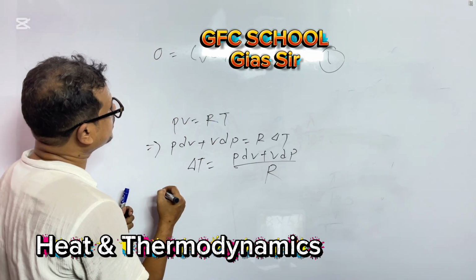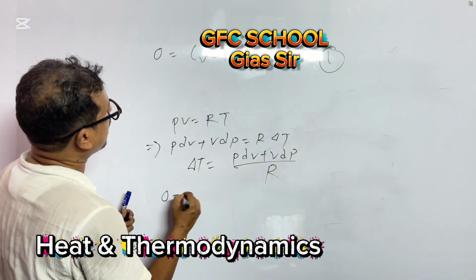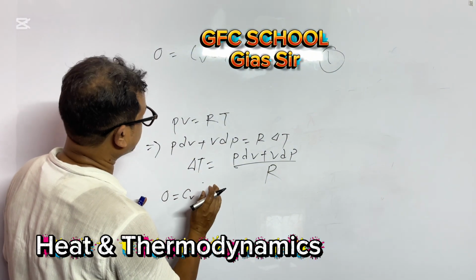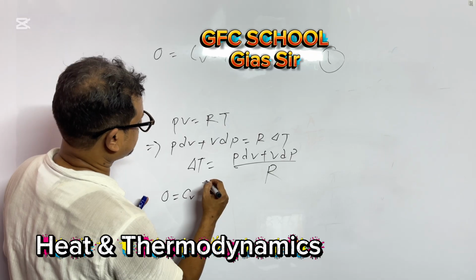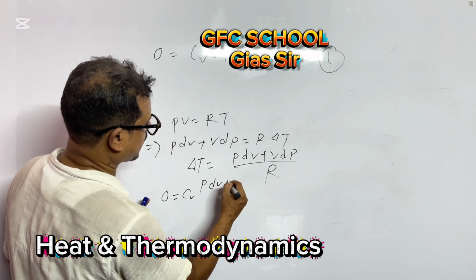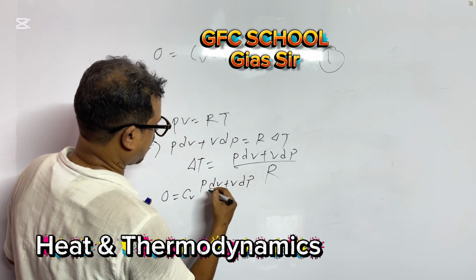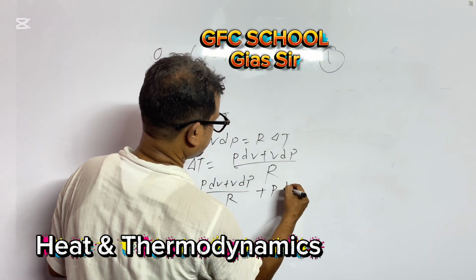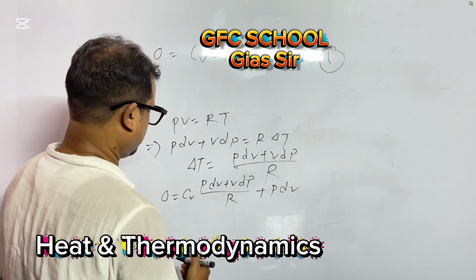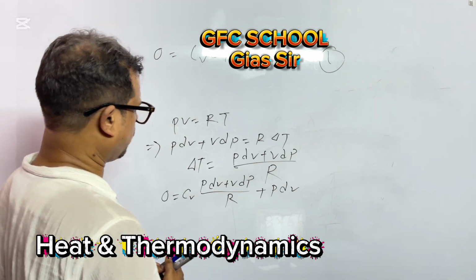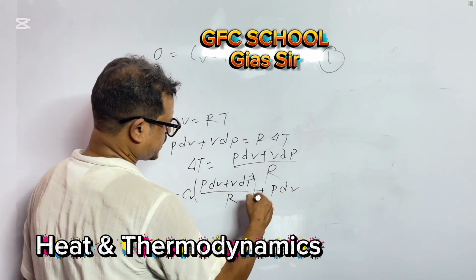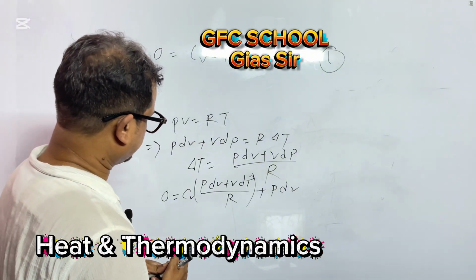Okay, here dQ equals 0, Cv, and dT means (PdV plus VdP) upon R, and plus PdV. Yes, very simple. Now, what can we do? Cv, this, R, and this. Okay.